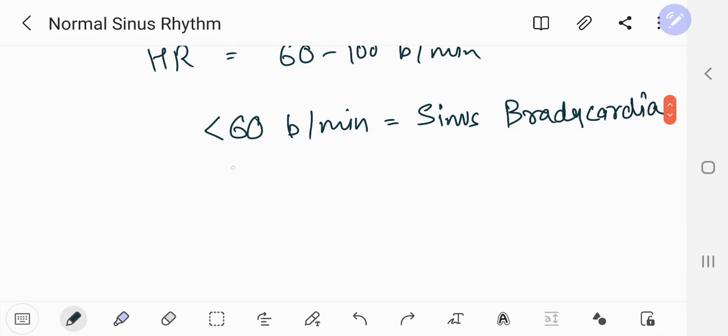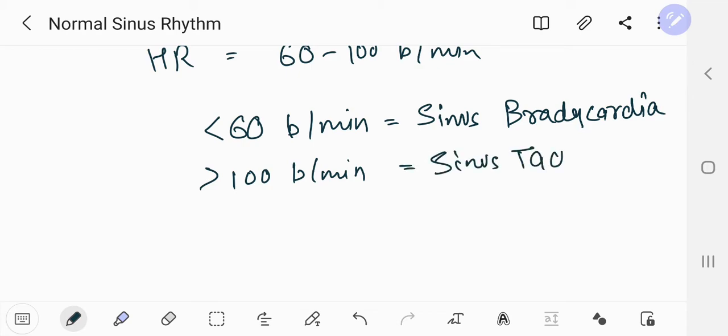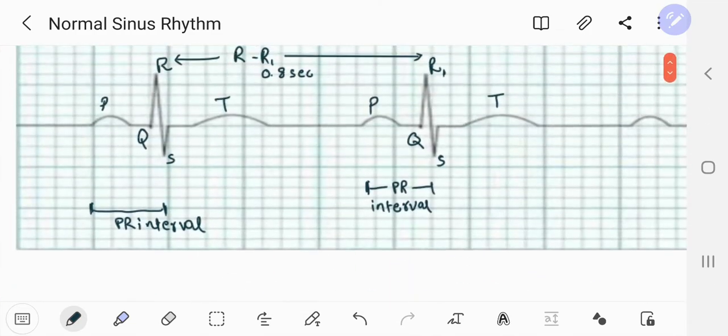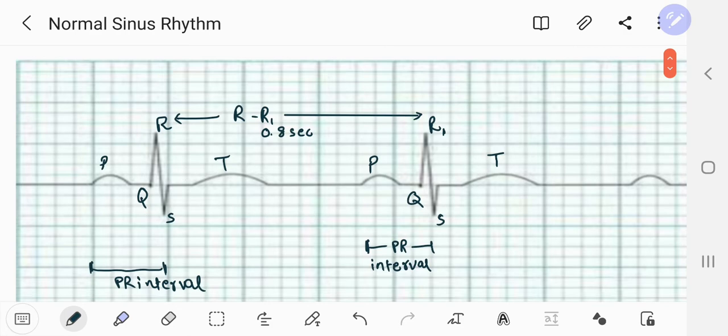If the heart rate is more than 100 beats per minute, this is known as sinus tachycardia. This will be depicted in the ECG as more cardiac cycles in 1 minute. So the RR interval in this case would be decreased. The RR intervals will come close and there will be more beats in 1 minute. So that is sinus tachycardia.